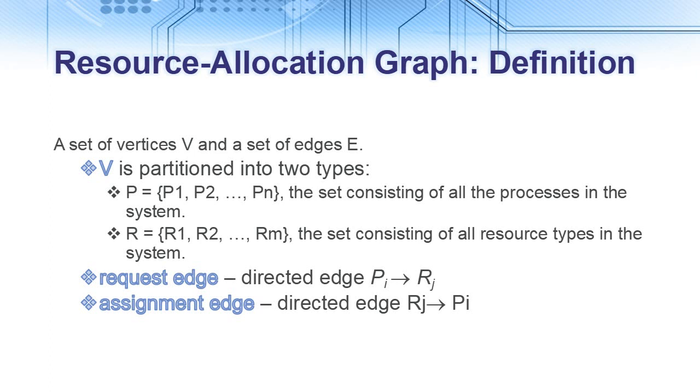The edges are also partitioned into two types, request edge and assignment edge. The directed edge from a process to a resource is a request edge. The assignment edge is the directed edge from the resource to the process.